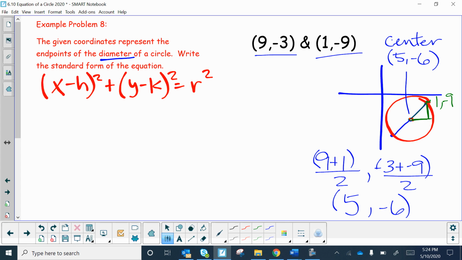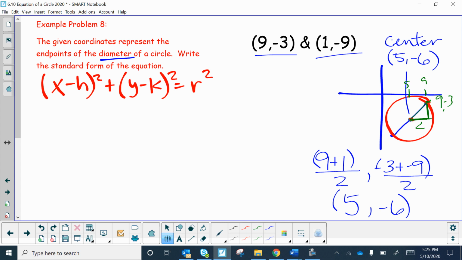And so if this right here is at 5, and this right here is at, I'm sorry, that's not 1, -9. That's 9, -3. Let me rewrite that one. I just flip-flopped. So this one's 9, -3.